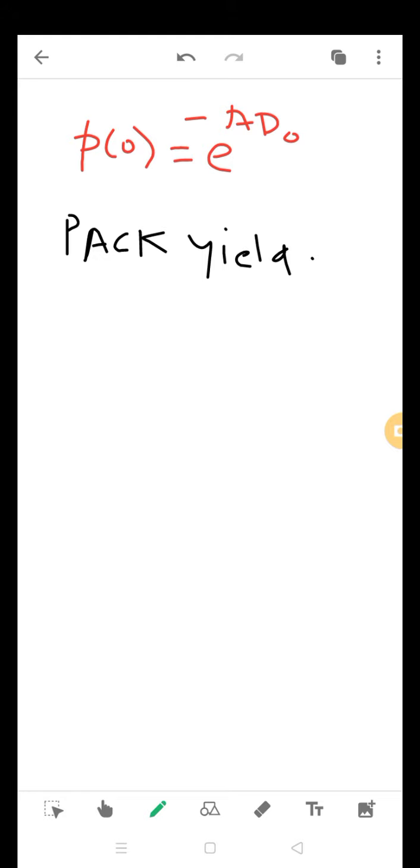Now in Poisson's model we assume that the defects are random, but in most cases defects are clustered. So we have clustered defects.